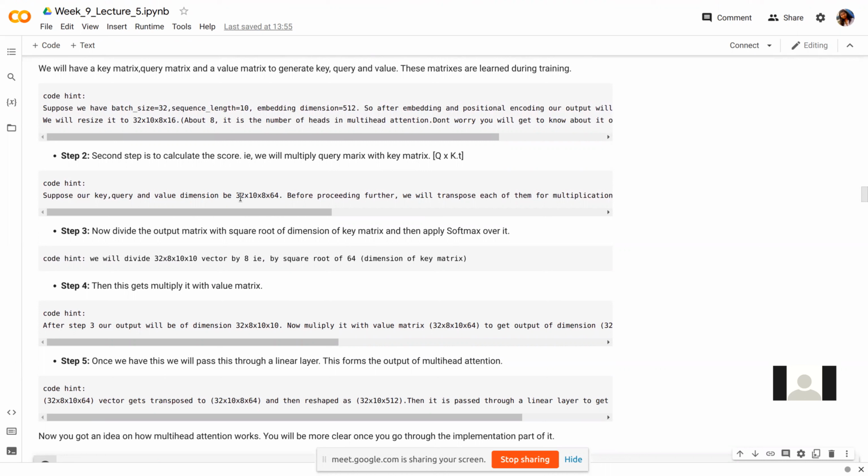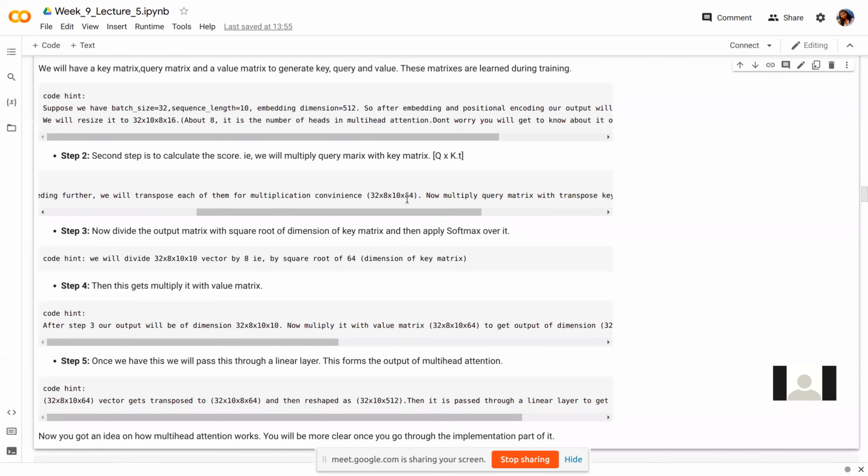So it will become 32 cross 8 cross 10 cross 64. So transpose it and it will become this. Okay, so this is our input, and our query matrix will be multiplied by this input to give you an output, and the same will be with the key matrix and the value matrix to give you the query, key, and value pairs here.